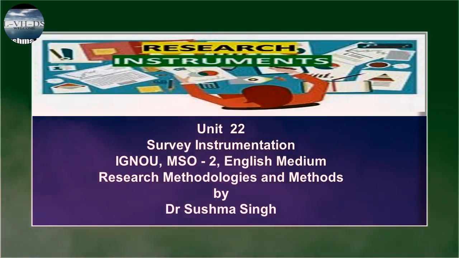The next point is avoid ambiguity, confusion and vagueness. Ambiguity and vagueness plague many researchers engaged in questionnaire construction. A researcher might make implicit assumptions without thinking of the respondents.